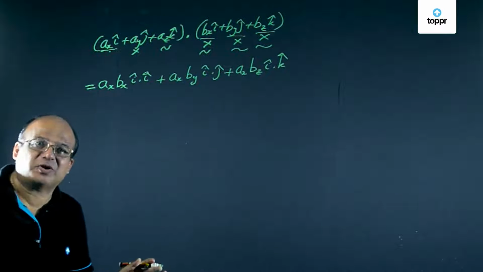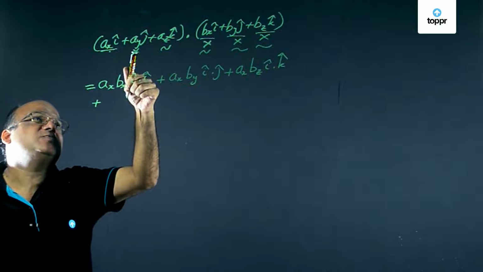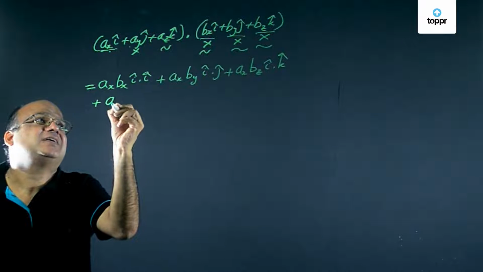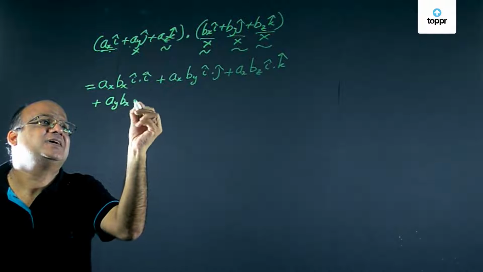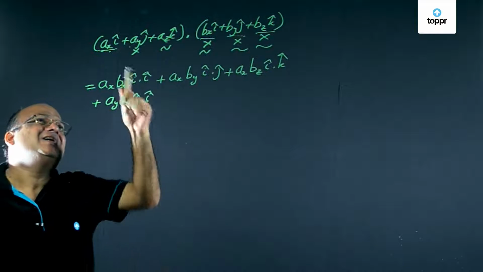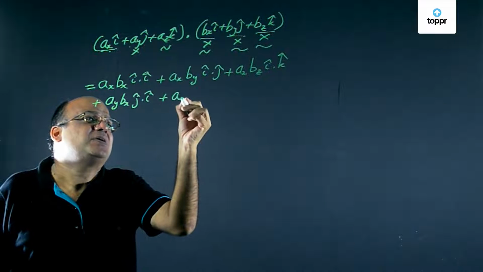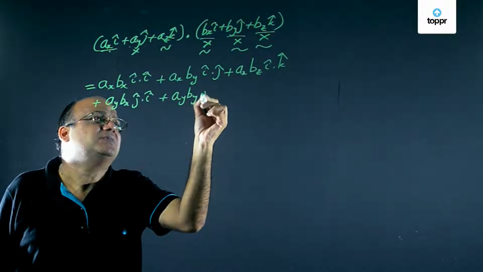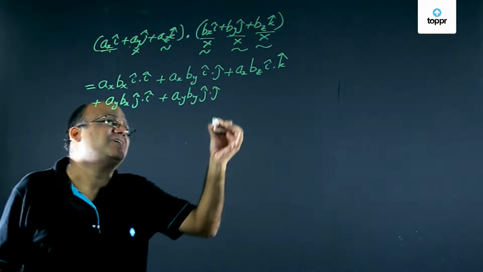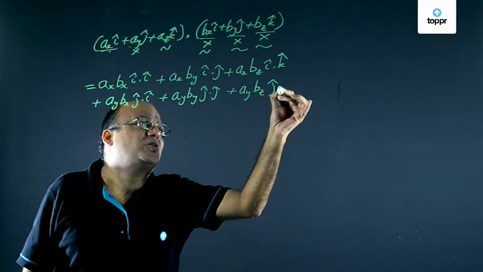Remember, the dot is very important. Now we'll multiply all the three terms with Ay j cap. So Ay Bx j cap dot i cap, Ay By j cap dot j cap, and lastly Ay Bz j cap dot k cap.